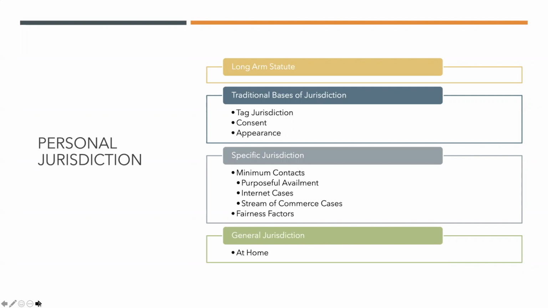So now, if I am preparing for my exam, I know that if I have a personal jurisdiction problem, these are all of the potential issues that could come up. And for all of those potential issues, I already have written my rule statement.